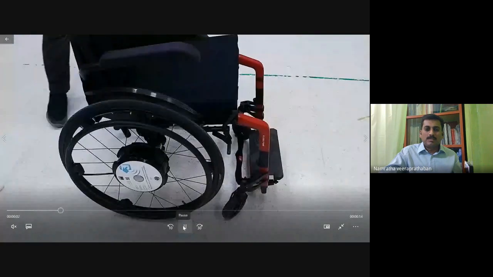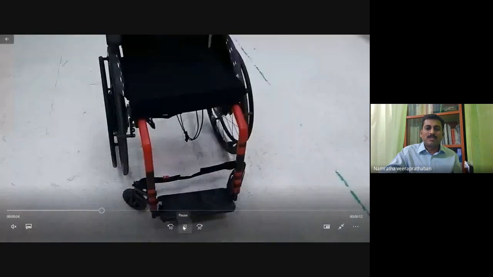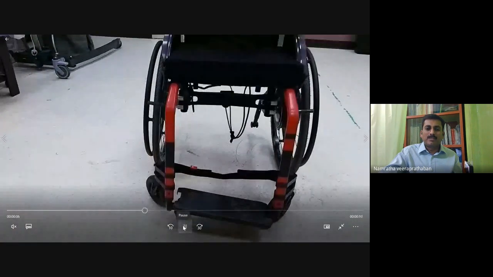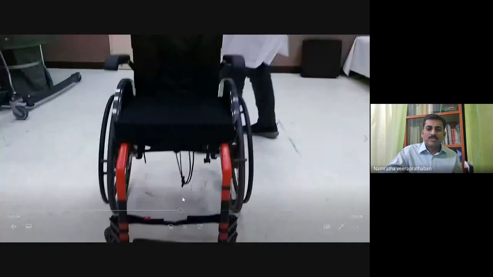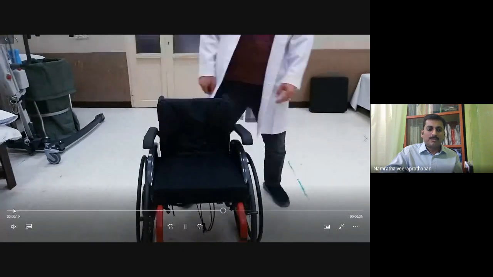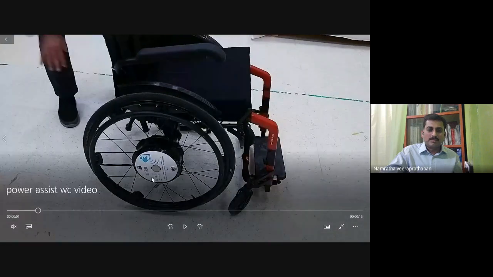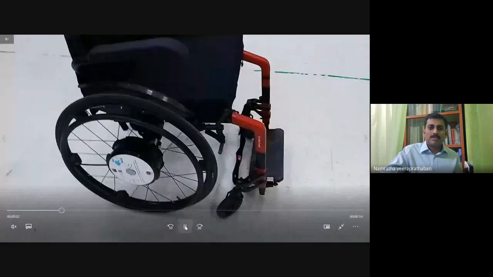Look here, I don't know whether you will have the option to see this again in your practice. So when you have a power assist wheelchair, I'll again go from the beginning. This is the motor here. Okay, it is attached to the wheelchair with a special axis.